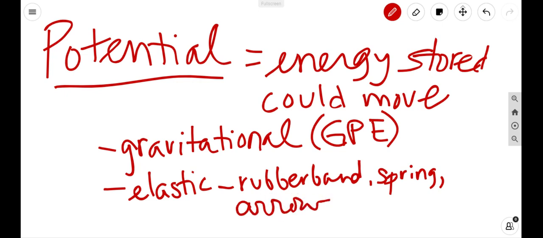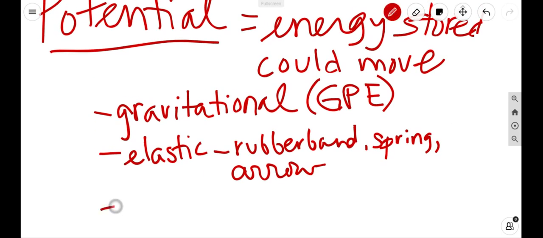Whenever you're stretching something and then it flings and goes back to its regular spot, that is an example of elastic potential. So that brief moment before it springs back, it's not moving. Therefore, it is potential energy.